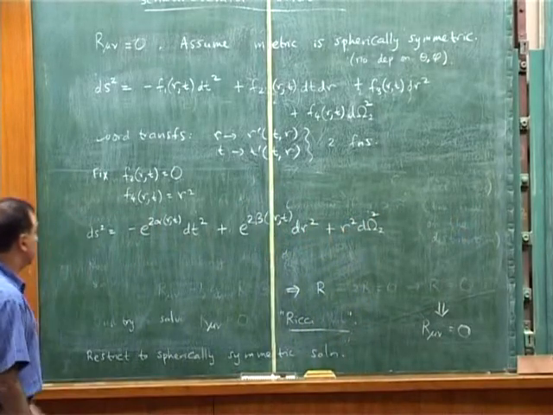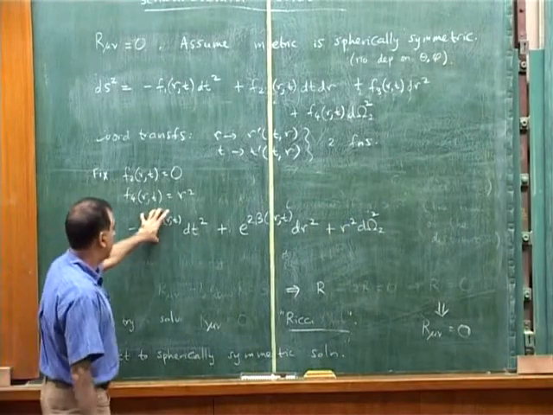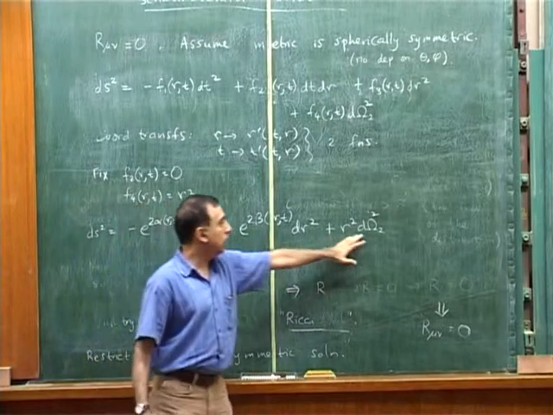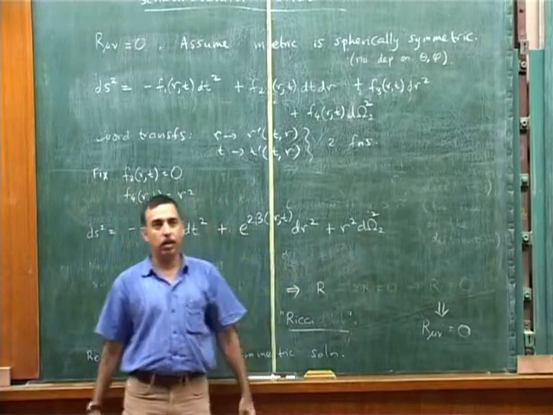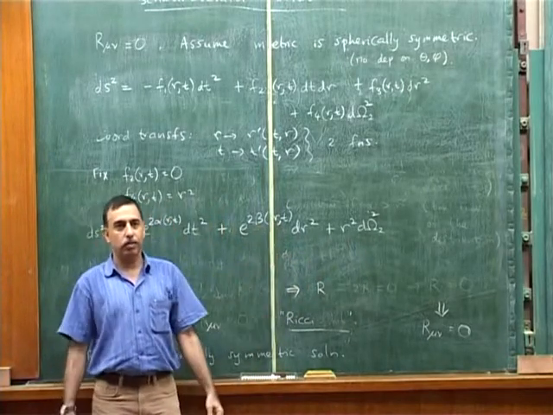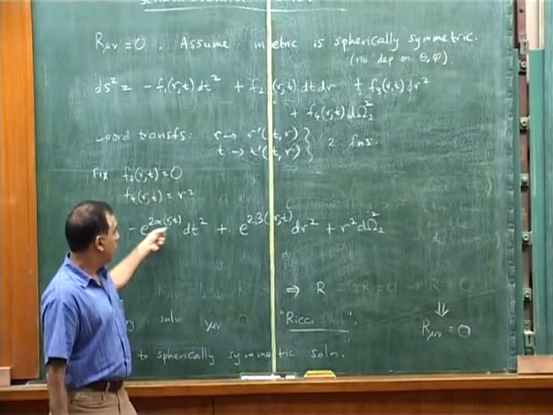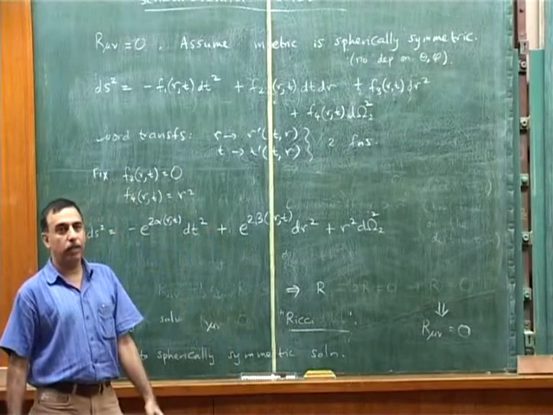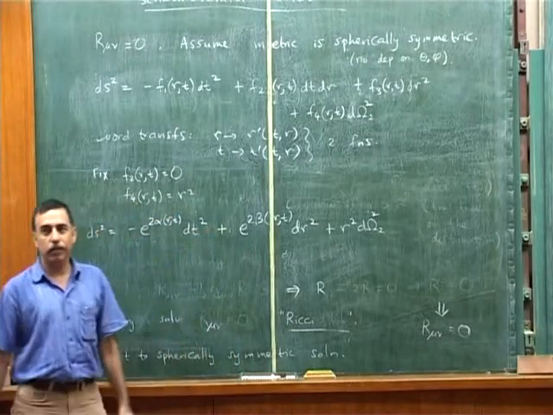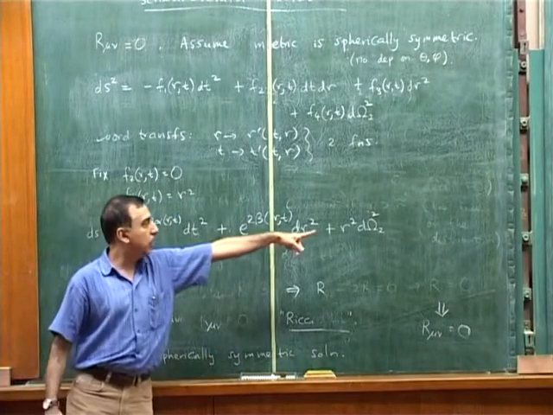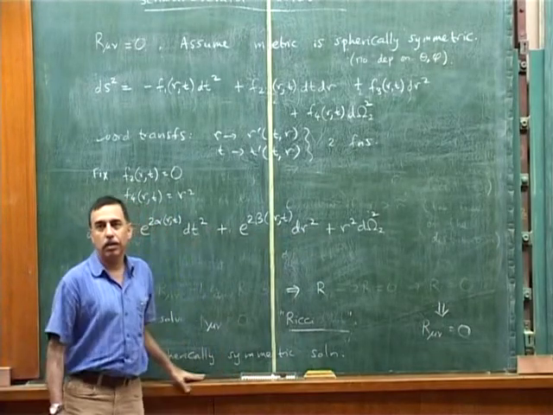So I hope you can see that the solution we are going to get will have a function multiplying dt squared and another function multiplying dr squared and nothing multiplying r squared d omega squared. So we seem to be in very good coordinates to pursue this job. Moreover, it's going to match hopefully well onto the physical solution that we already found for weak Newtonian field, because that also was written in coordinates which had a function here, and nothing over there.